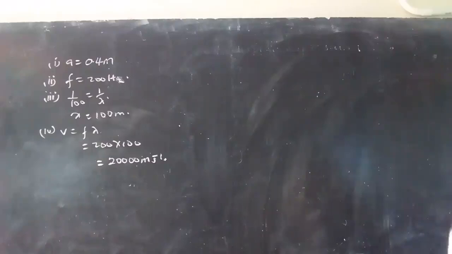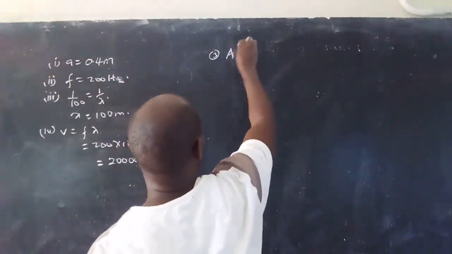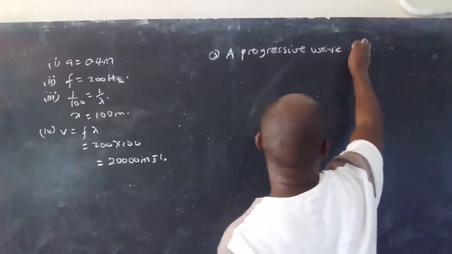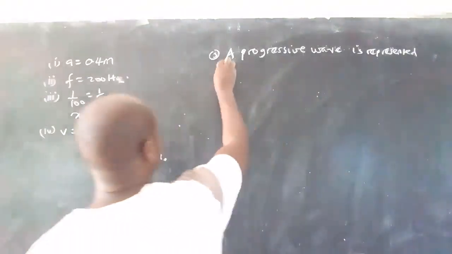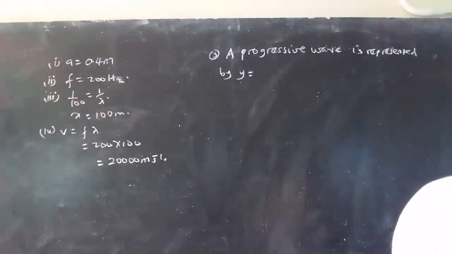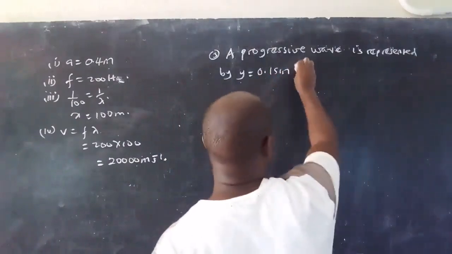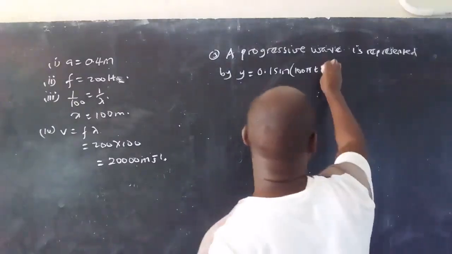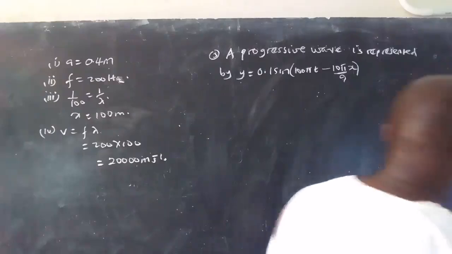The third one says a progressive wave is represented by y is equal to 0.1 sine of 100 pi minus 10 pi x over 9, in meters.